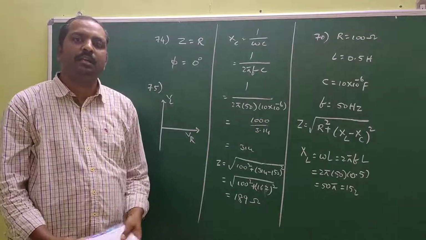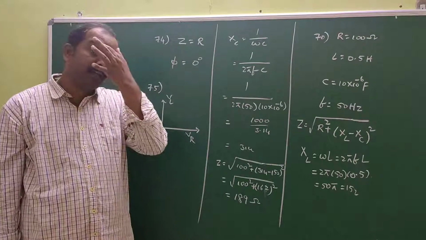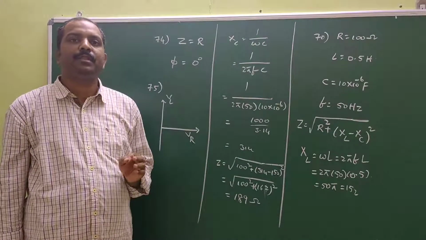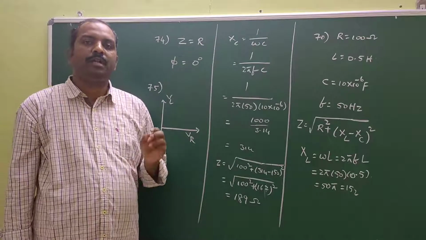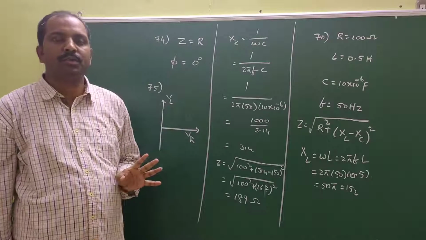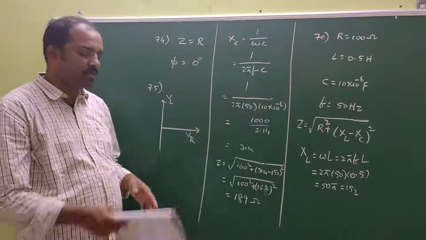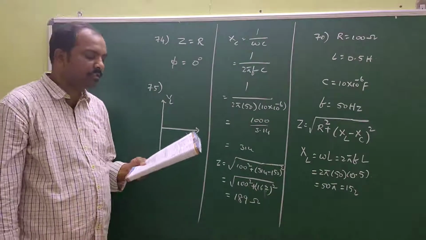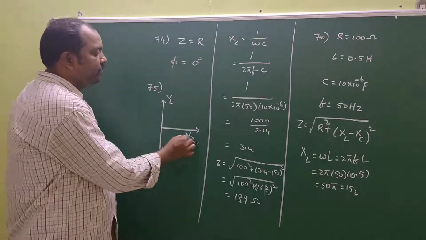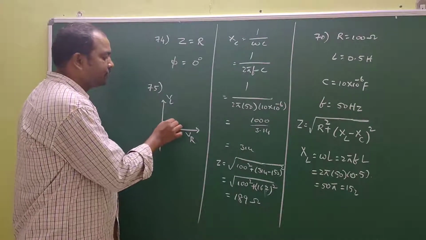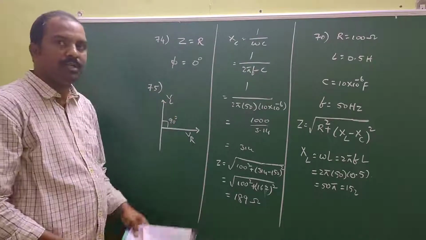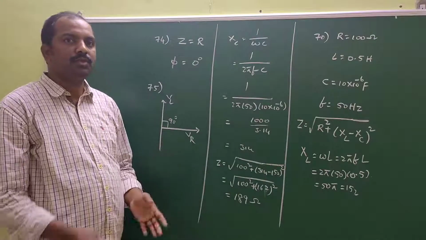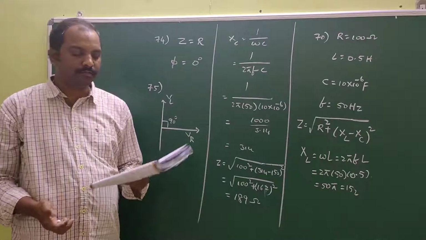In case of an inductor, the current lags behind the EMF or applied potential by 90 degrees. So ultimately the potential difference across the inductor is at 90 degrees with the potential difference across the resistor, because the potential difference across the resistor and EMF are in the same phase. So that statement is also correct.